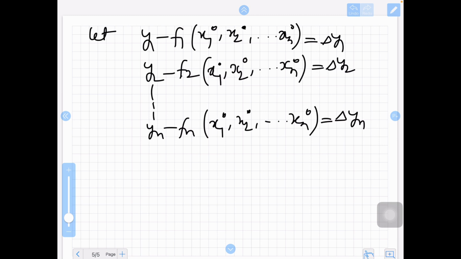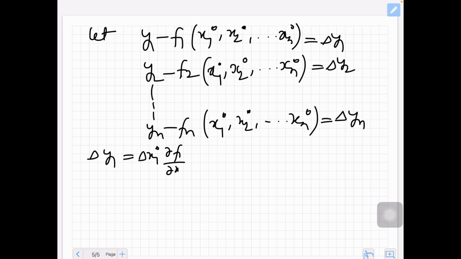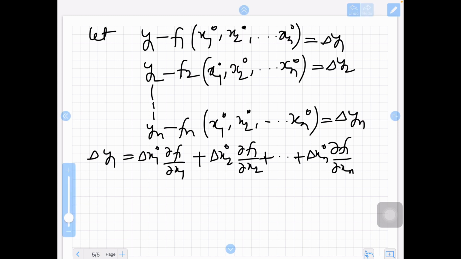So we can write the LHS delta y1 is equal to delta x1 naught dou f1 by dou x1, plus delta x2 naught dou f1 by dou x2, etc., and the last term delta xn naught dou f1 by dou xn.